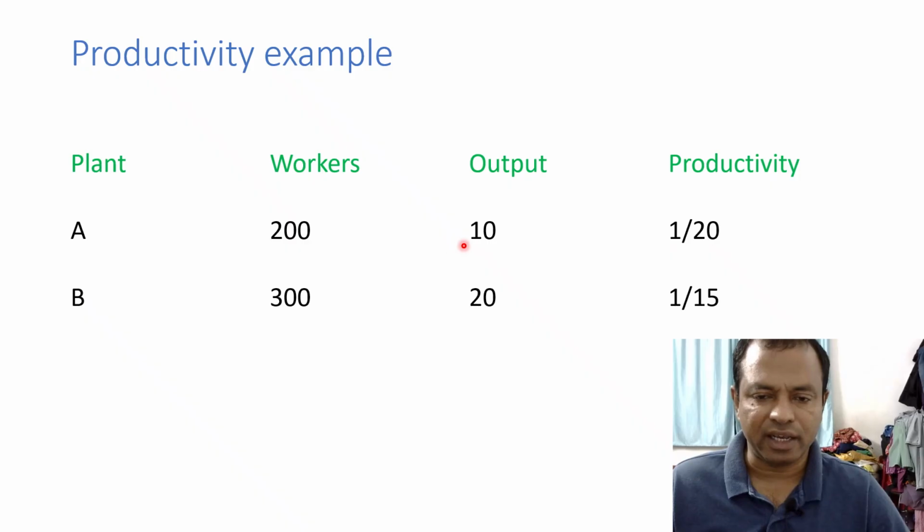The plant A output is 10 and in plant B output is 20. Then productivity will be 10 by 200, that is 1 by 20 in the case of A, and for the case of B 20 by 300, that is 1 by 15. So which is having better productivity? It is B.